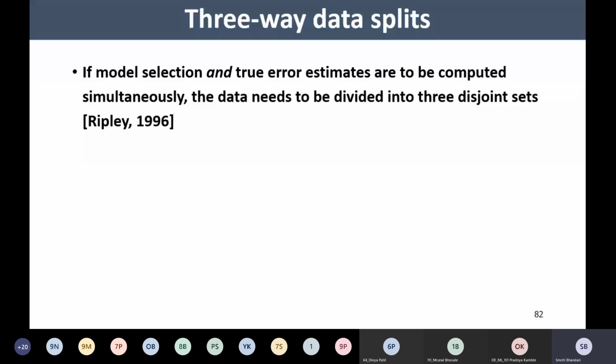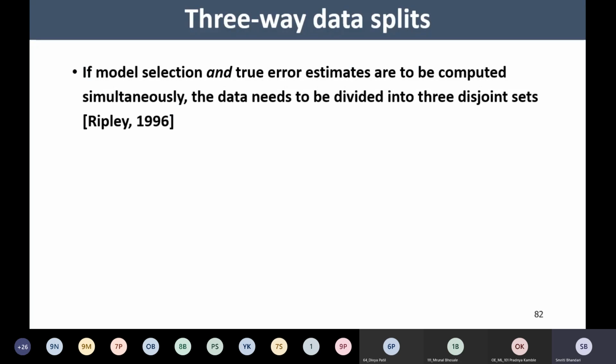So far, we have divided the original data set into train set and test set. But he mentioned that if we want to really estimate the true error, and do it simultaneously with model selection, instead of dividing the data into 2 partitions, it is important to divide the data into 3 disjoint sets.